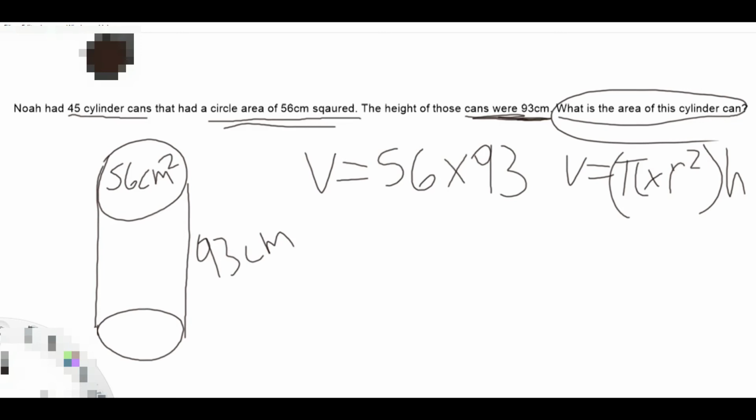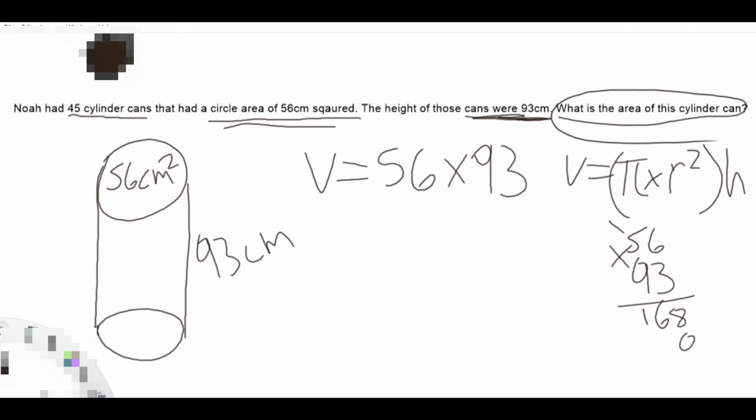So now we have to multiply 56 times 93. Let me do it right over in this area, below where I wrote the formula. You could do this by calculator, but I'll do it using the standard algorithm. 6 times 3 is 18. 5 times 3 is 15, plus 1 is 16.